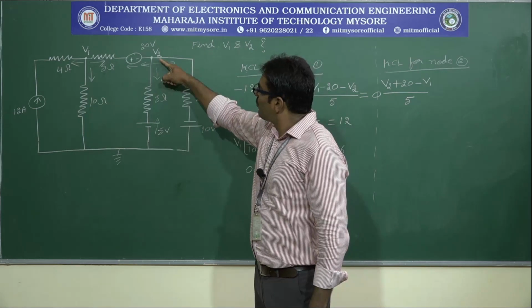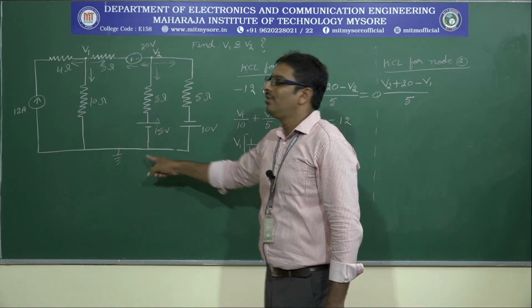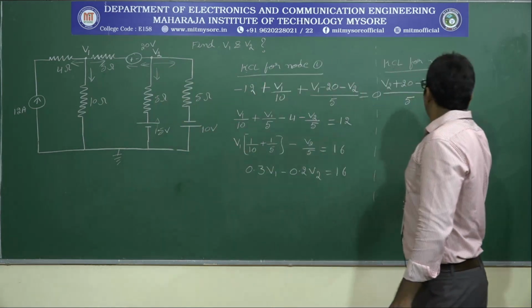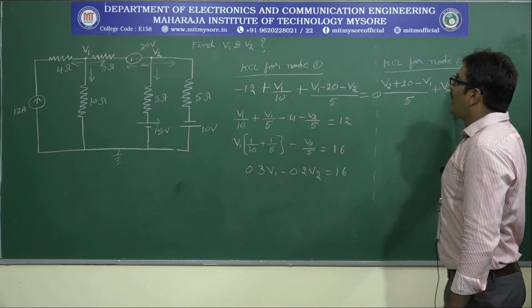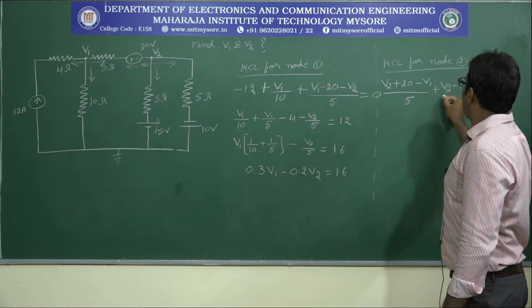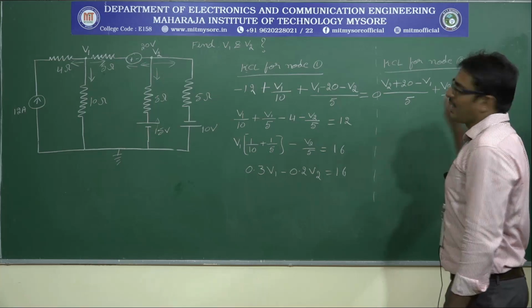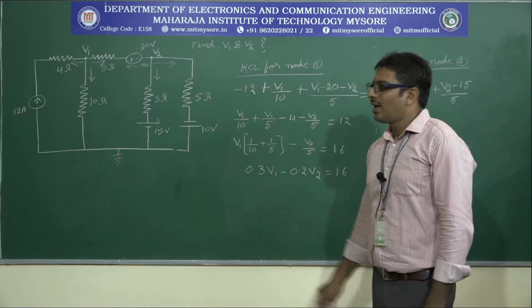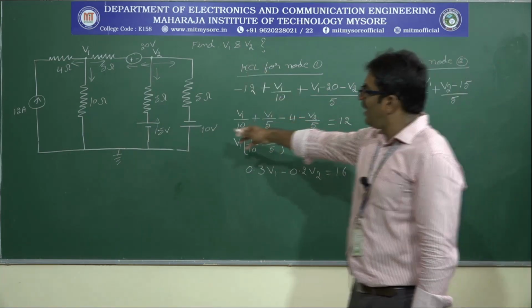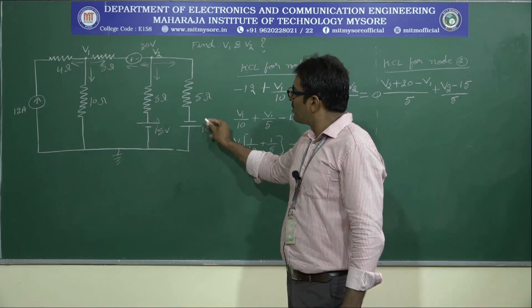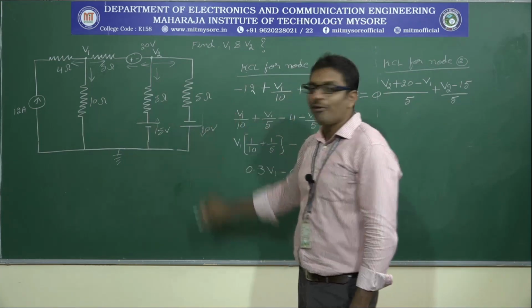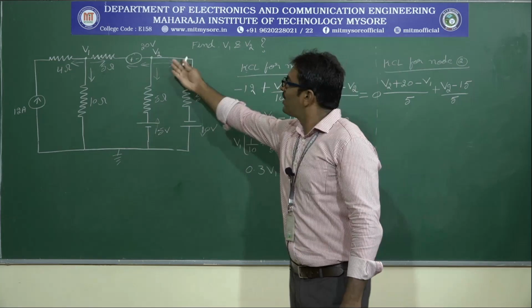Next, another branch, the second branch. See, this 15 volt voltage source supplies the current upwards. But the current is flowing from V2 to ground, that's why V2 minus 15 divided by, what is the resistance value? 5. Now consider the last branch. In the last branch, the 10 volt voltage source supplies the current downwards. I mean it is supporting V2.